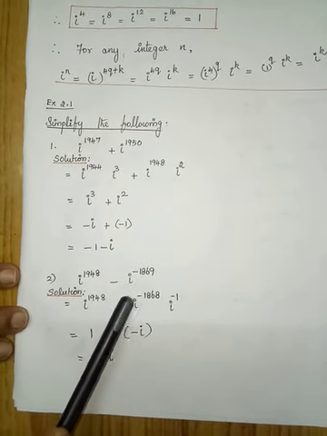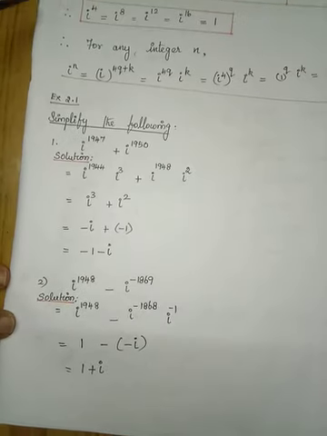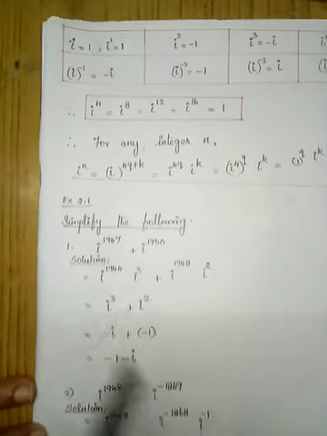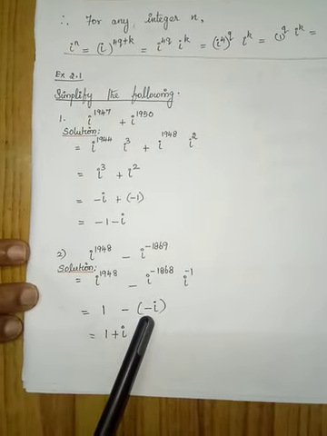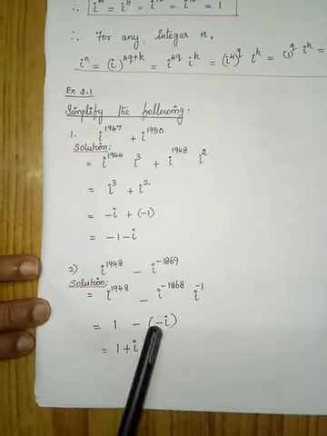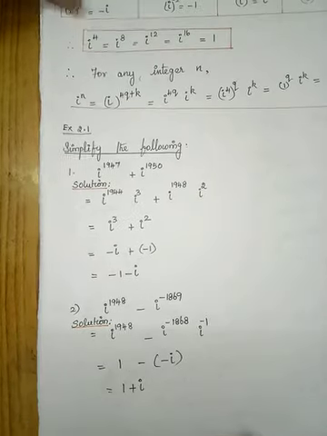Here also it is a multiple of 4, so the answer is 1. What is i power minus 1? i power minus 1 is minus i. You should know this result. So it will be minus i. In between you have a minus, so minus into minus becomes plus. So the answer is 1 plus i.